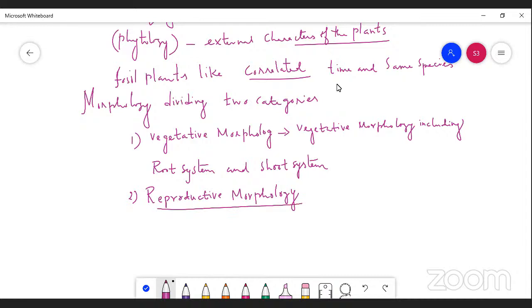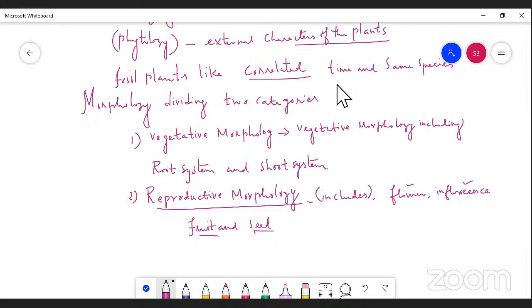It includes the flower, inflorescence, fruit, and seed. The study of these is called reproductive morphology.